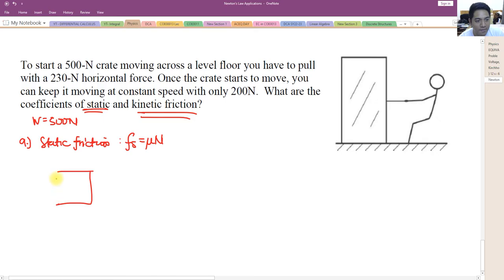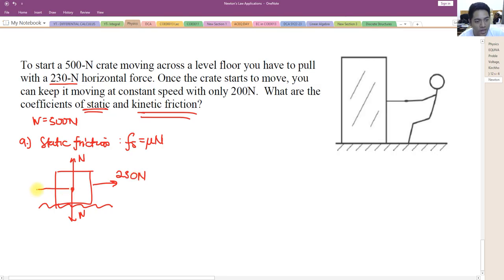So the free body diagram, just before the box starts to move, we have weight and we have the normal force because it's touching the ground. And in order to move that 500 Newton crate, we have to apply a 230 Newton horizontal force. That is what is being said here, just before it moves.